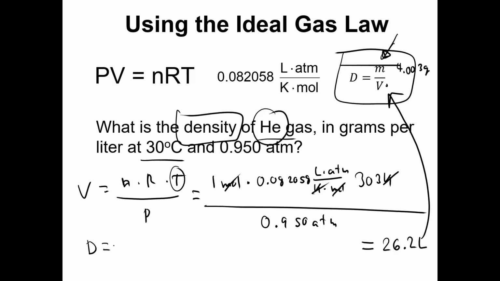So density is going to be equal to 4.003 grams divided by 26.2 liters. And that gives me a density of 0.153 grams per liter. That's what I'm asking for specifically, in grams per liter. 0.153 grams per liter is the density of helium gas at these conditions.